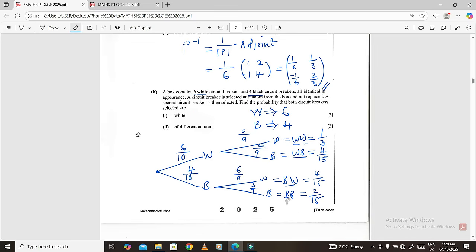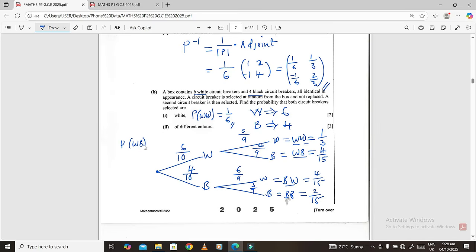Okay, I'm writing something like this to make sense for us. We're going to say probability of picking white, okay? Because they said both white, so that's white is equal to 1 over 6. And then here, probability of picking different colors, that's white, black, plus probability of picking black, white, which are these.